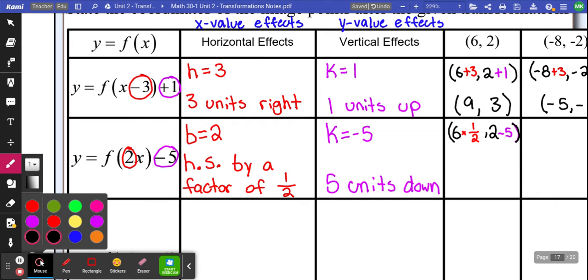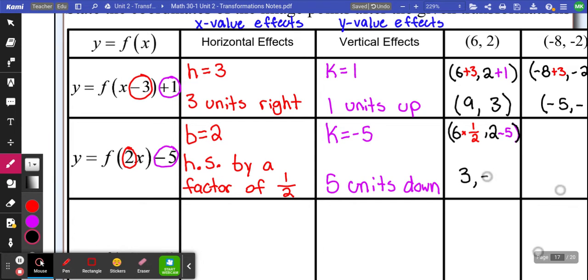Right? That's how you actually apply what's happening. You take the factor of 1 over 2, you multiply it by 6, it's now at 3. You take the y value of 2, you move it down 5, so you subtract 5, it's now at -3. That point moved to 3, -3.